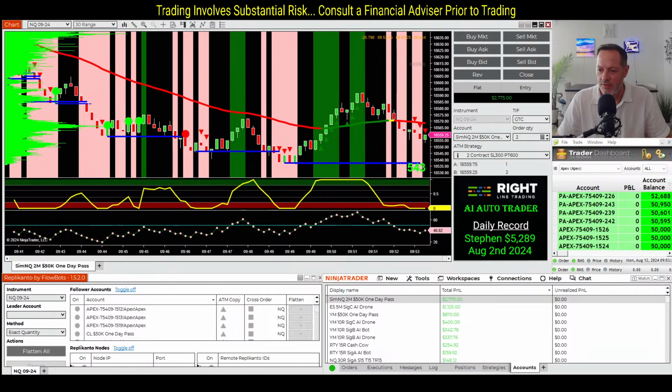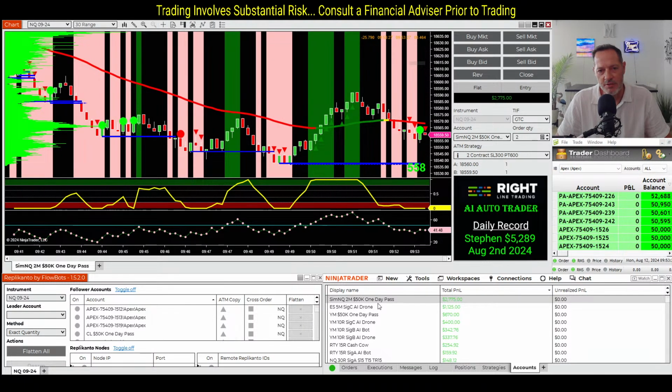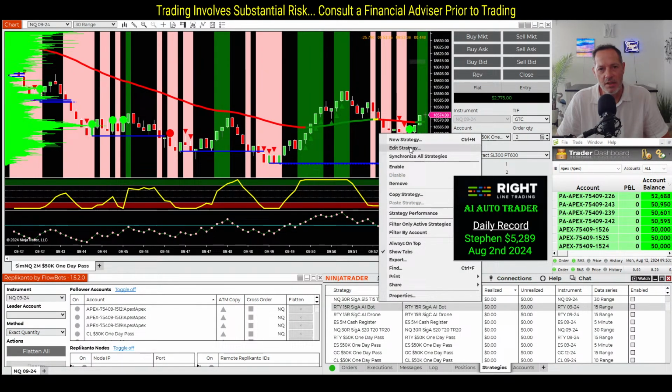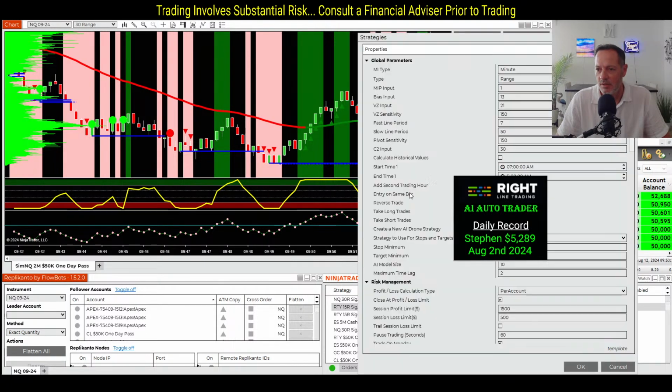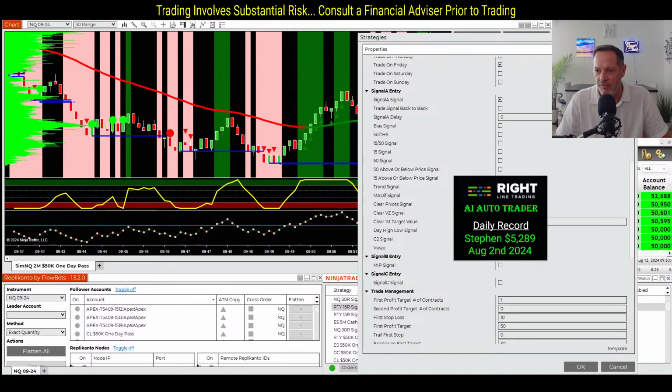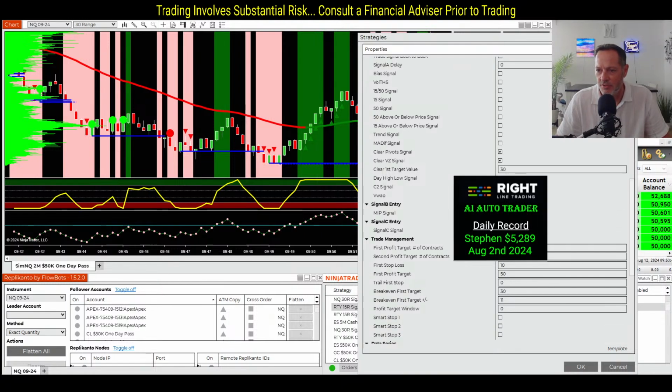You program the entry, and that's what we do. We program the entries for you, and also leave the programming open for you. So if you wanted to go in the back end, as they say, and change the parameters to fit more of the trade setup that you like, you can do that here.